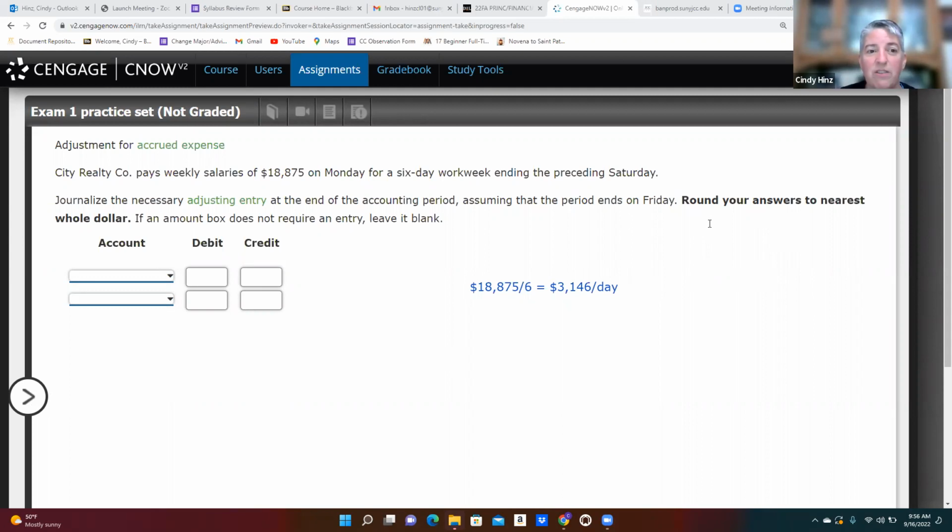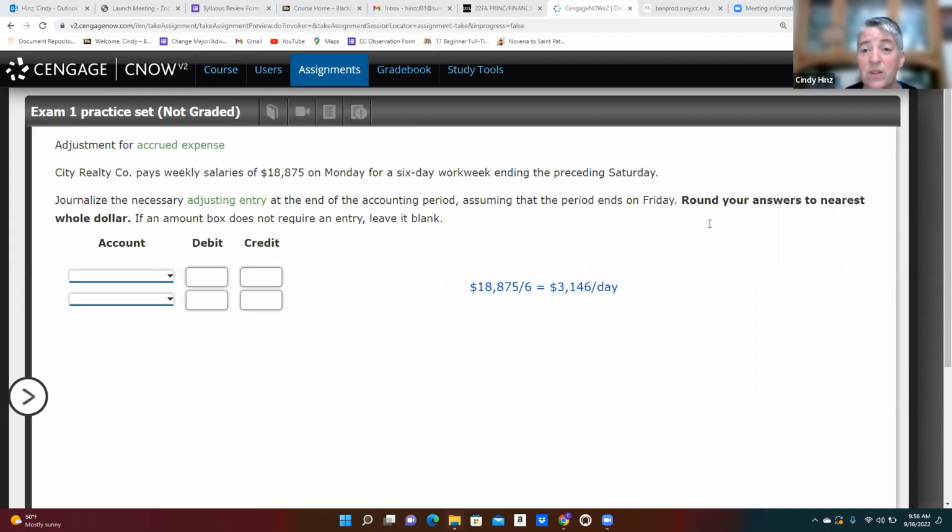Hopefully it doesn't throw us off because of rounding. So it tells us that the period, the month, the quarter, the year, whatever, ended on the previous Friday. And so the employees would have earned 5 of the 6 days worth of salary.